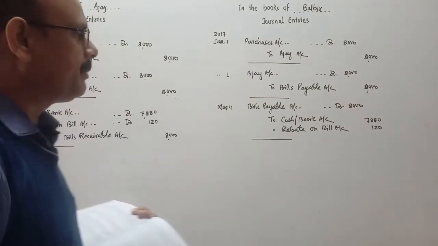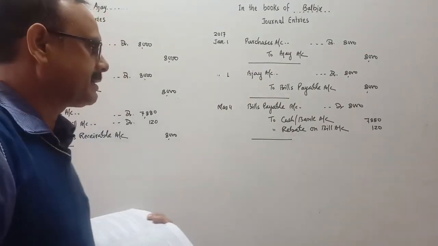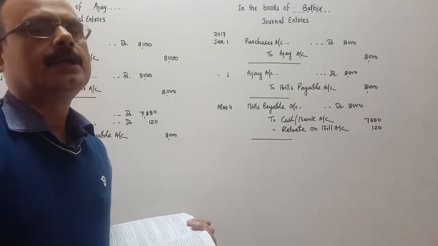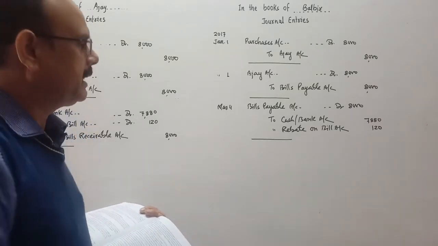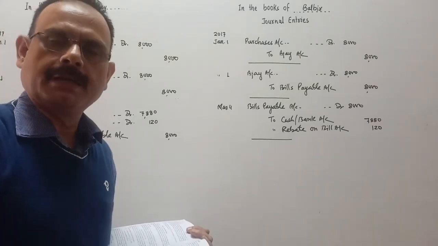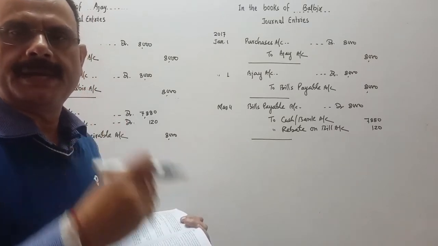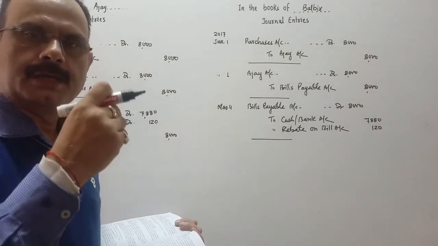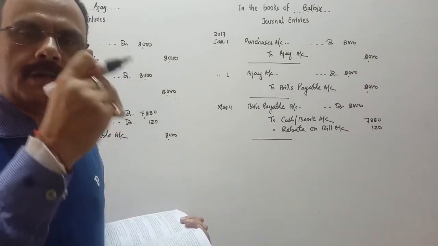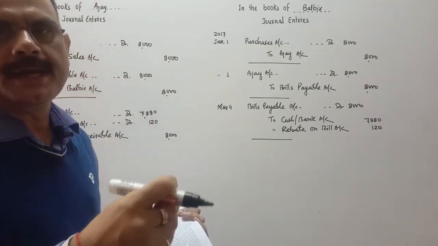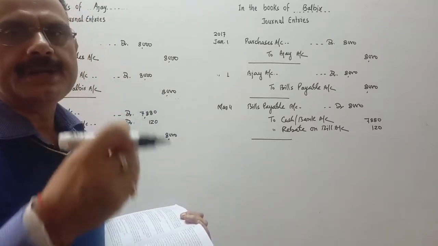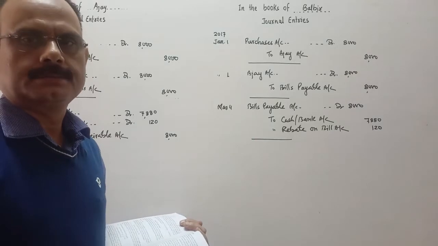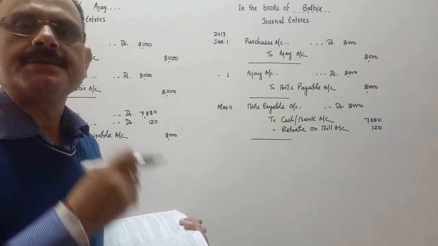The entry will be bills payable account debit to cash account or bank account, to rebate on bill. The narration will be very simple: being amount of the bill paid to Ajay 1 month before the due date at 18% rebate.